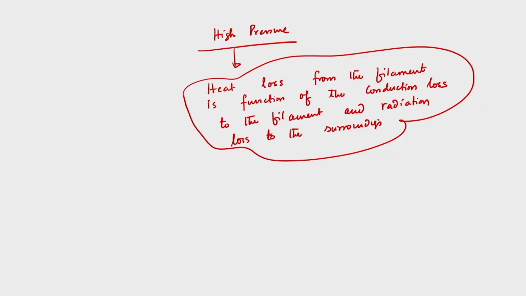So for high pressure we cannot measure, because it is very important that there is a significant change in the thermal conductivity of the gases, otherwise we cannot measure low pressure using this device.